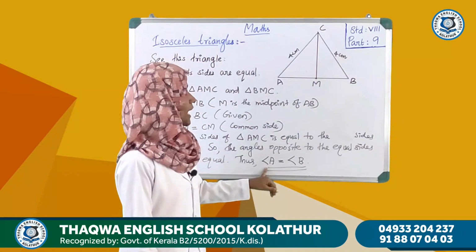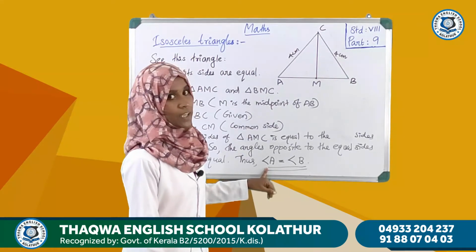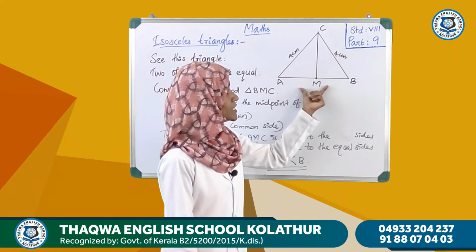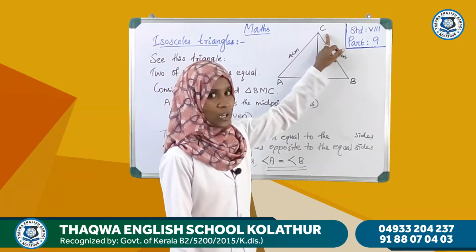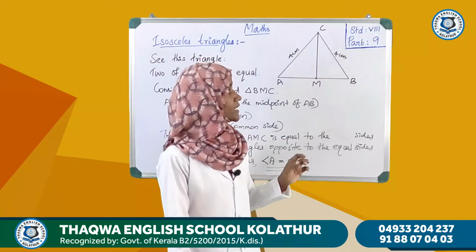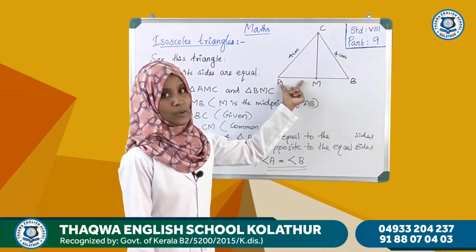Now we got angle A equals angle B. Okay. From this we can say that if two sides of triangle ABC are equal, then the angles opposite to the equal sides are also equal.